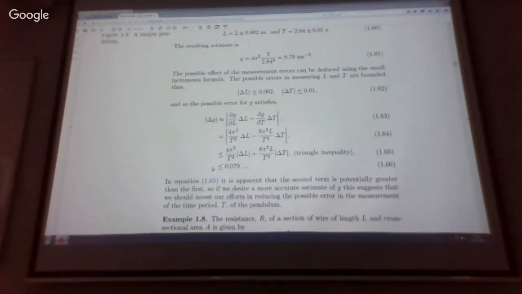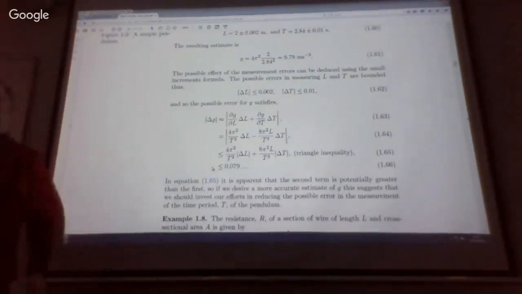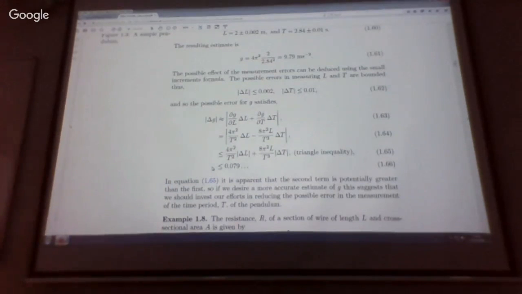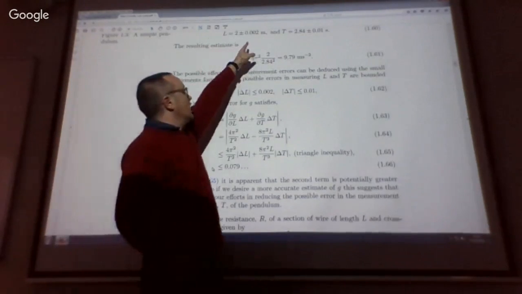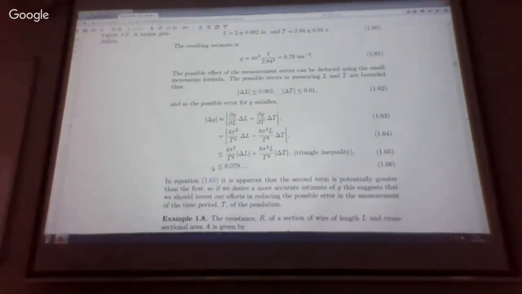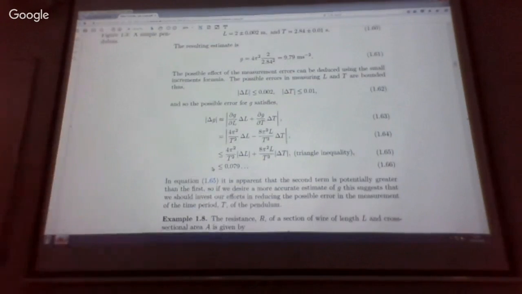But if you're measuring some continuous quantity, be it length or be it time, there's always a natural inaccuracy associated to that, due to, for instance, the uncertainty about the precise calibration of your measuring instrument. Okay, so we'll suppose that we know the length within an error of 2 millimeters, 2/1000ths of a meter, and we're supposing we know the time, 2.84, within an error of 100th of a second.